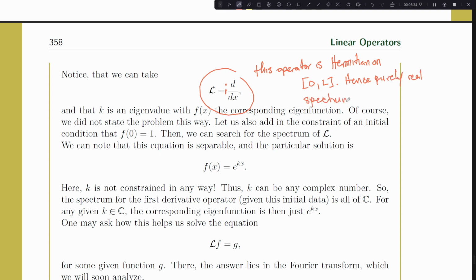Of course, back then we just said that it was purely real eigenvalues, but now we can say purely real spectrum and an orthonormal basis of eigenvectors, which gives you yet one more important thing. Hence, diagonalization.